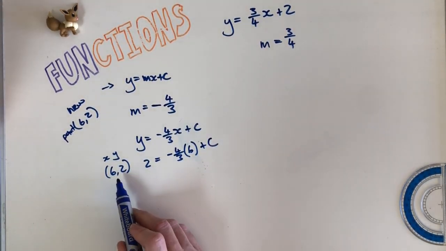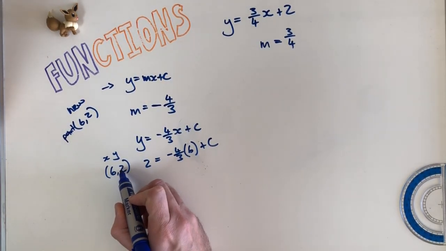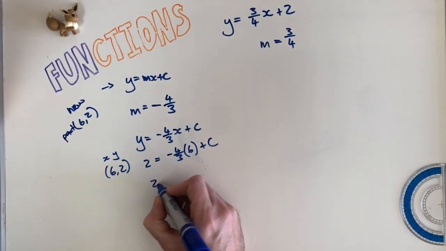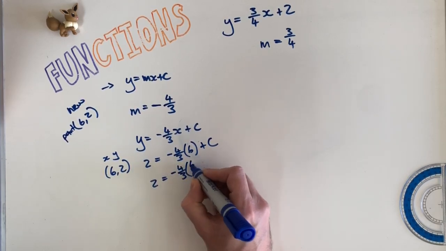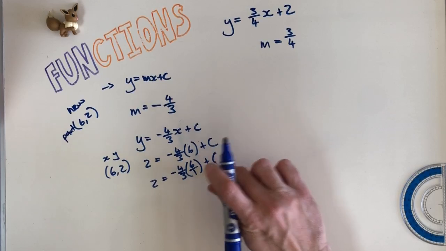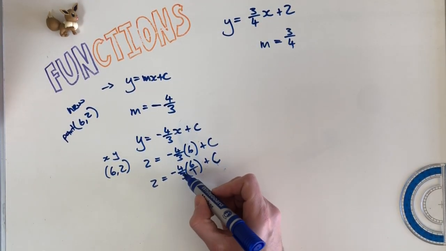So what I did is just input my x and y value into my equation, and here we can do 2, and I'm going to rewrite this just to make it look better. 6/1 plus c, not 6c. There we go. And what I have here is I can actually cancel this out.